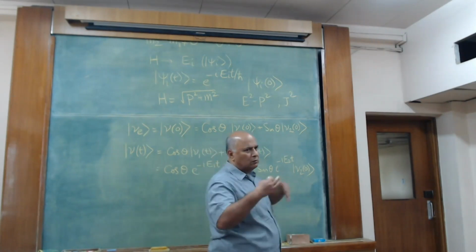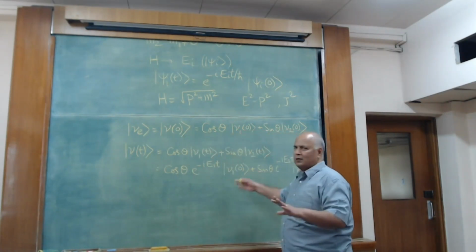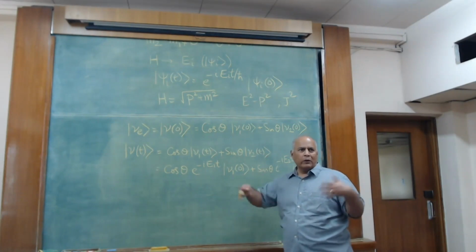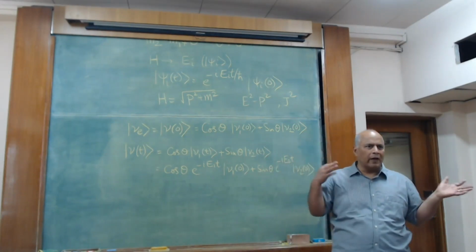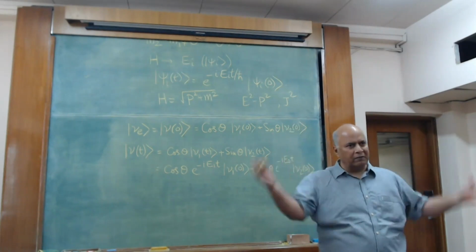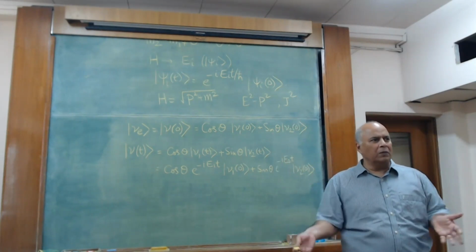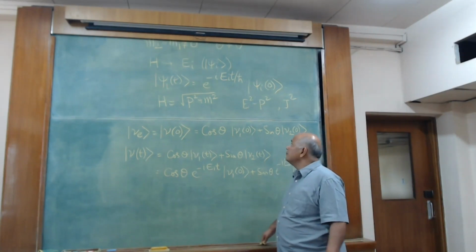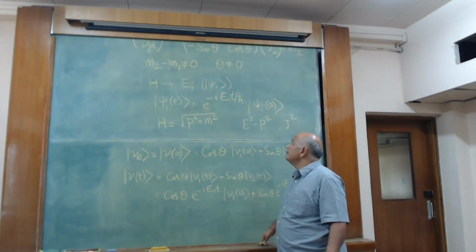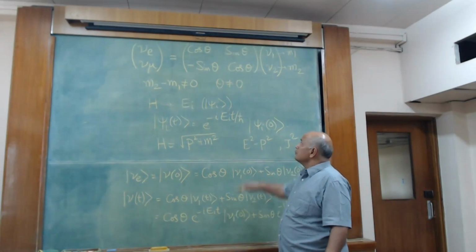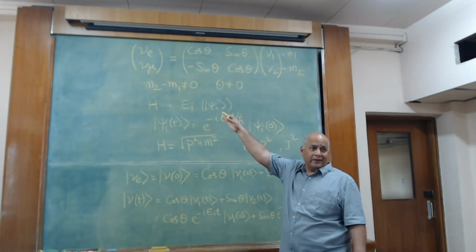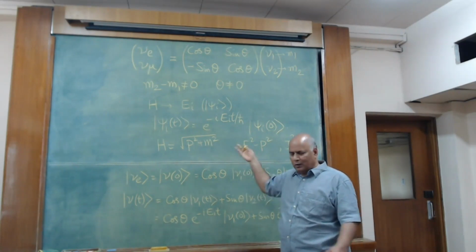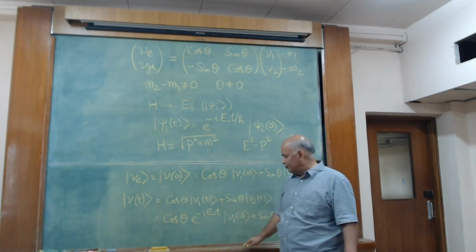But this, what I call nu1 at 0, is a sort of mass eigenstate without any time involved. It's just the definition of a state, which now I can invert. I can now invert this matrix equation and write in terms of nu1 and nu2, rather in terms of nu e and nu mu.